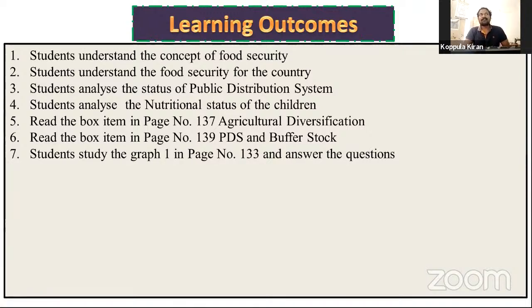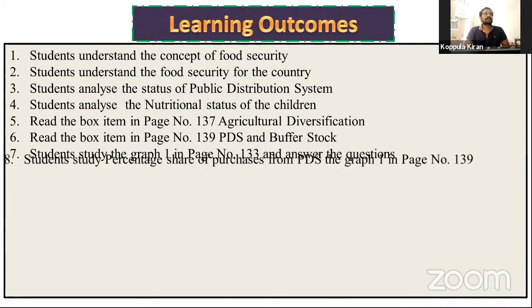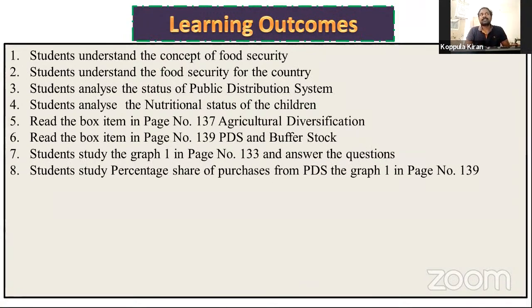Another one is, students study graph 1 on page number 133 and answer the questions. I will show a graph in our slides. We will discuss it deeply in the lesson. Students study the percentage share of purchases from PDS, graph 1 on page number 139. This is also one of the graphs we will discuss.